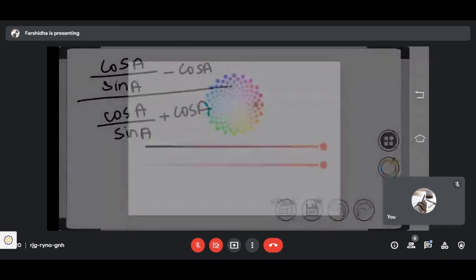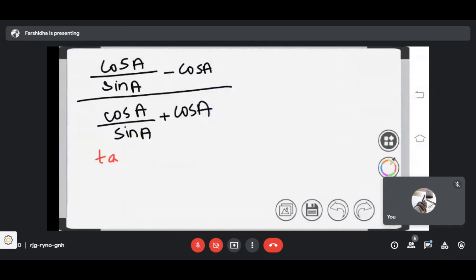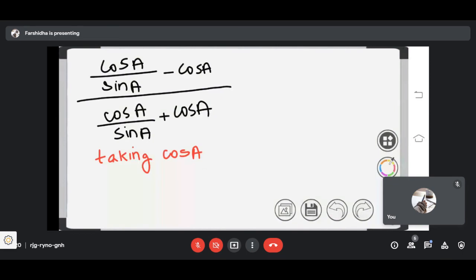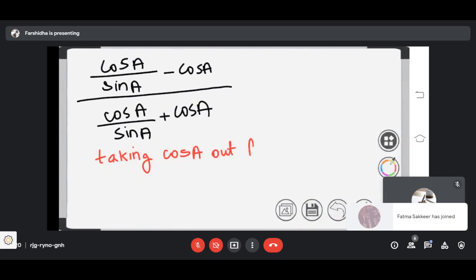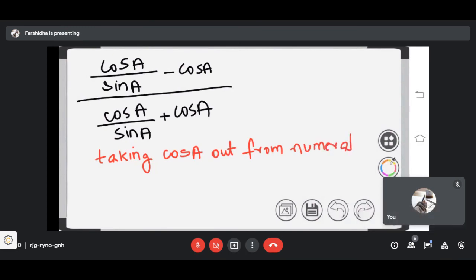Below that, write taking cos A out from numerator and denominator.